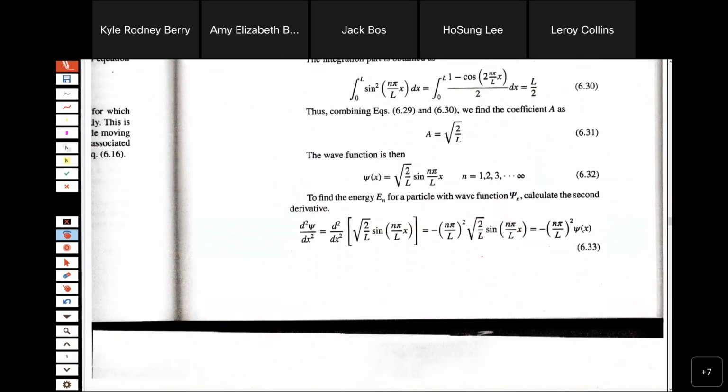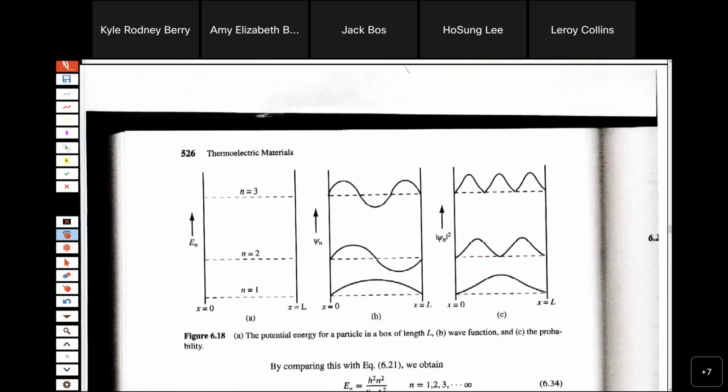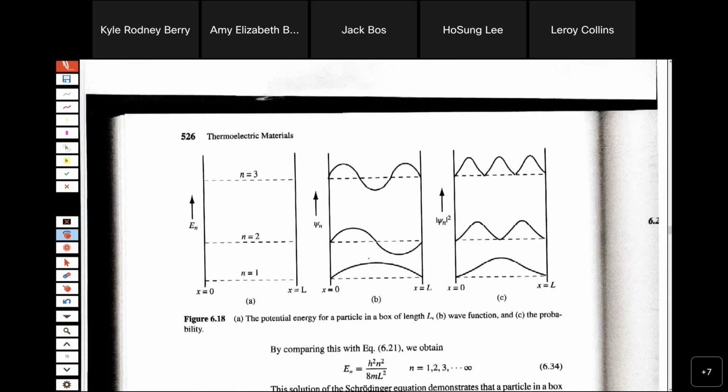It tells us something like a wave, something like a fundamental, and then a second, a third, like a string. You can imagine a standing wave. So we call the fundamental quantum number 1, then quantum number 2, quantum number 3.